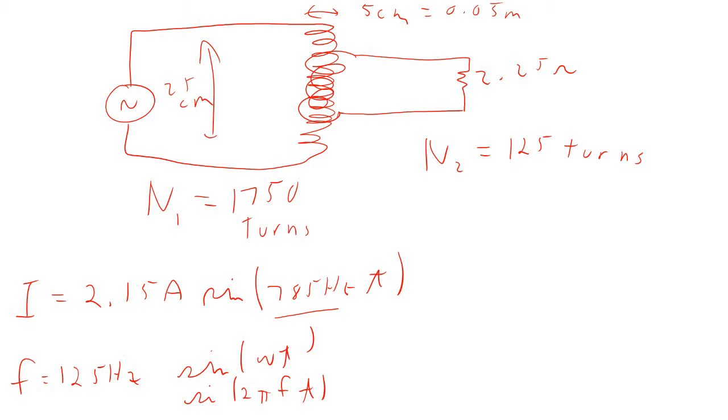And so all told, there's going to be changing flux in the secondary coil, which induces an EMF. And so we know that the EMF is minus M times the rate of change of the current.